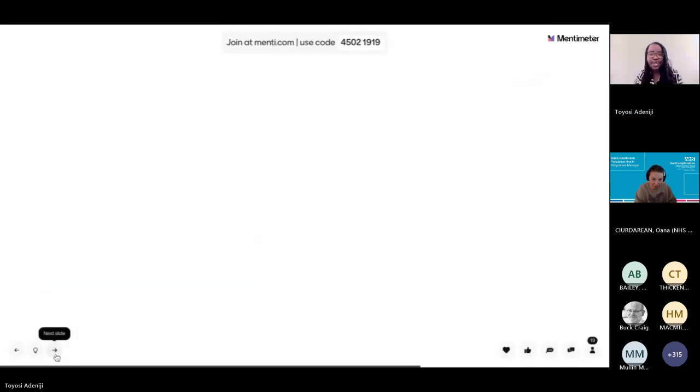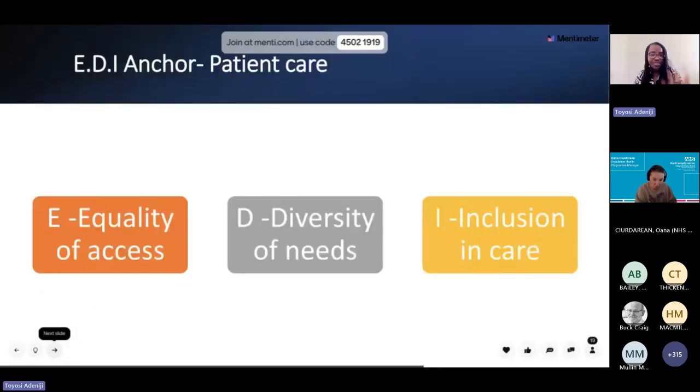Okay? And when I was trying to think about the EDI theme around patient care, I'm thinking about quality of access, diversity of needs, and inclusion in care. I'm going to stress this bit about inclusion in care because there is a whole narrative we need to support a lot more, which is around getting our patients involved in the design and co-production of the things we want to implement.